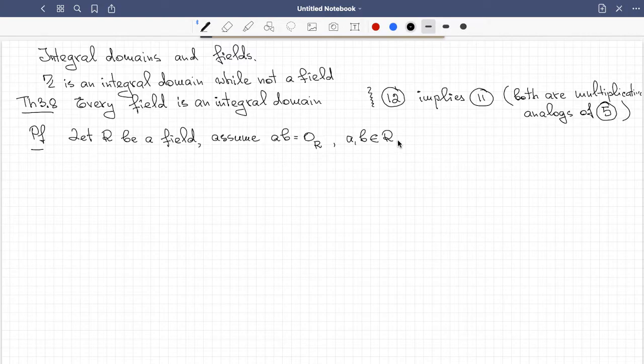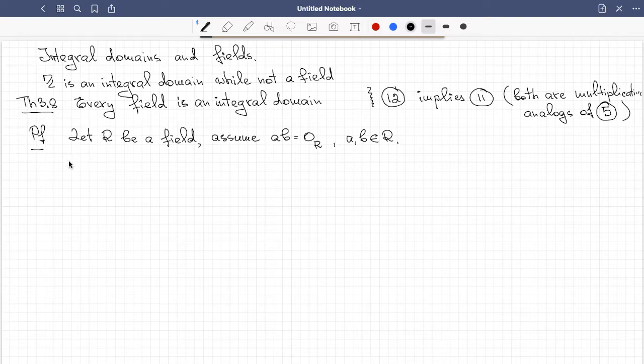We want to prove that at least one of them must be 0. So we assume that B is not 0 and prove that then A must be 0.